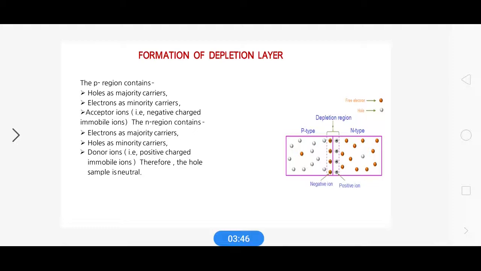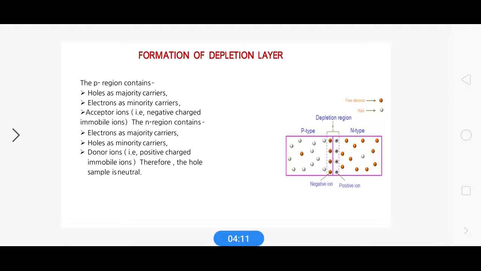Whereas in the N region, electrons are the majority charge carriers and holes are the minority charge carriers, and there are donor ions, meaning positively charged immobile ions. Therefore the whole sample is neutral.